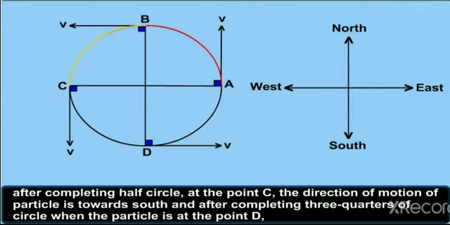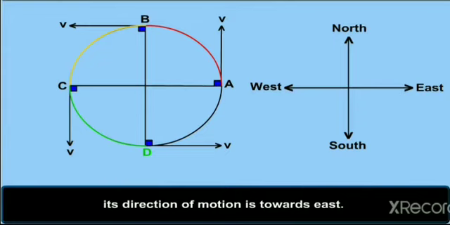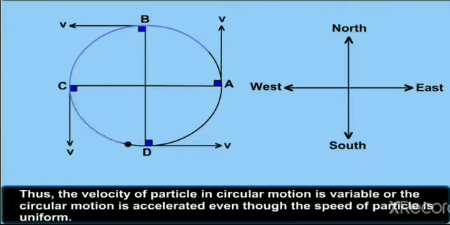After completing half a circle, at the point C, the direction of motion is towards south, and after completing 3/4 of the circle, when the particle is at the point D, its direction of motion is towards east. Thus, the velocity of the particle in circular motion is variable, or the circular motion is accelerated even though the speed of the particle is uniform.